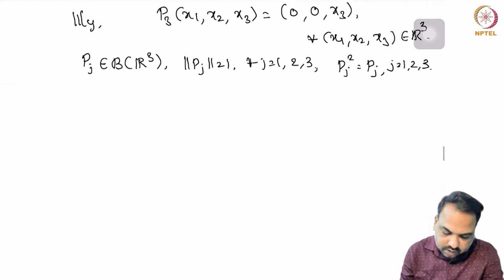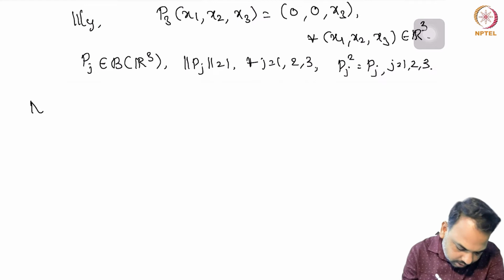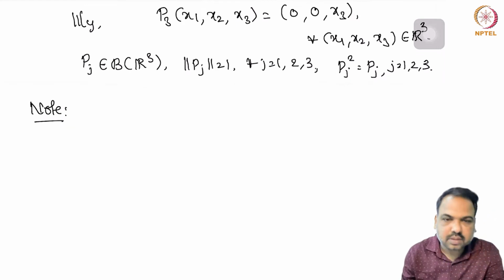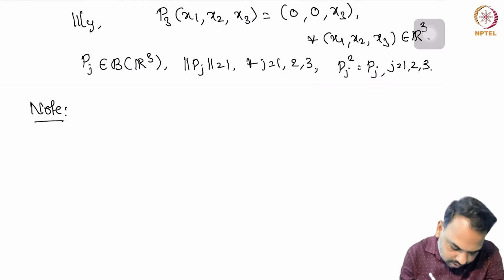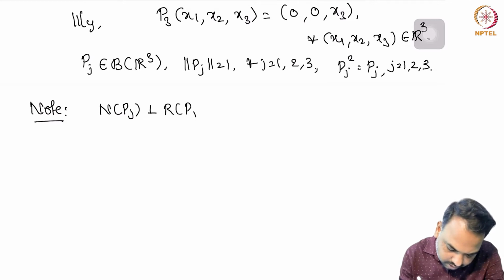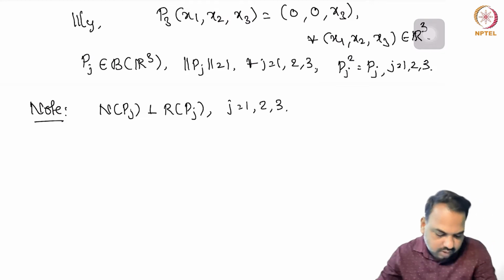we can easily see that the null space of Pj is orthogonal to the range of Pj for all j equal to 1 to 3.